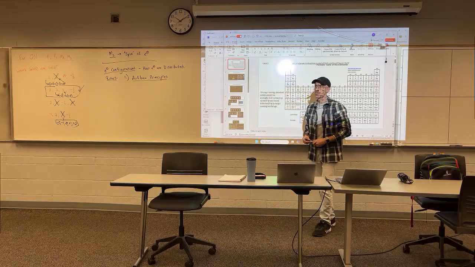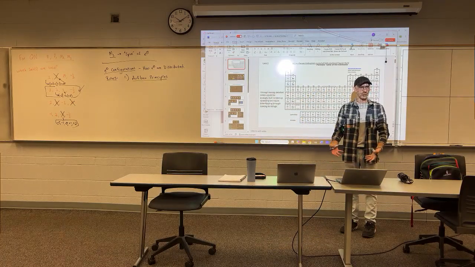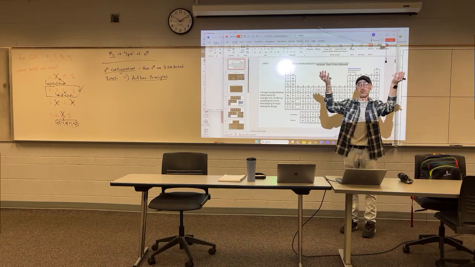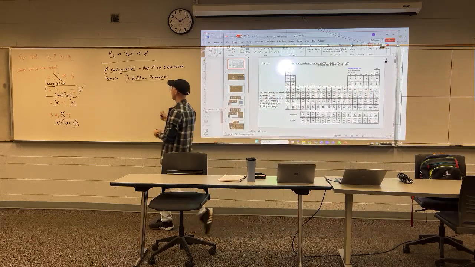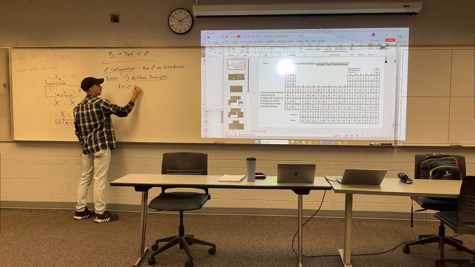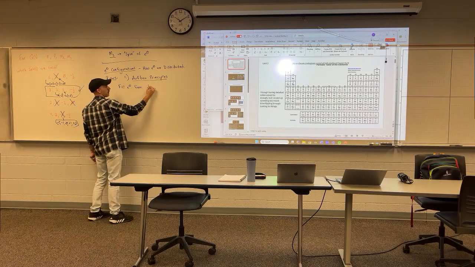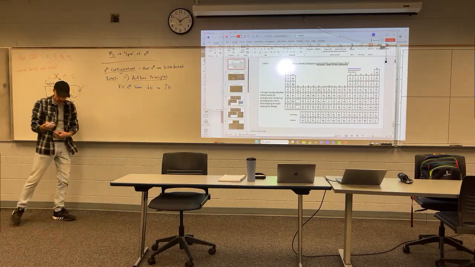Good. Just like throwing balls into a ball pit, you will fill from the lowest energy to the highest energy. You're just going to fill from the ground up. That's Aufbau's principle, from lowest energy to highest energy.